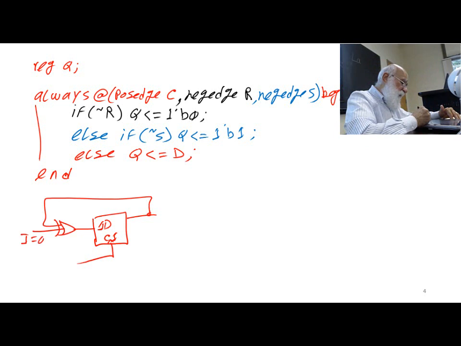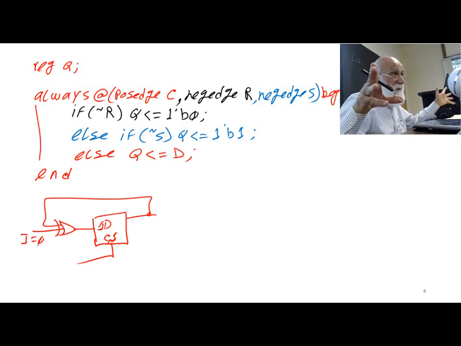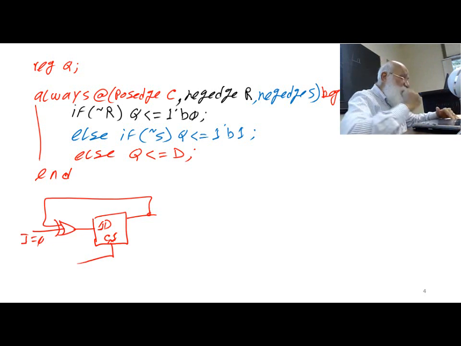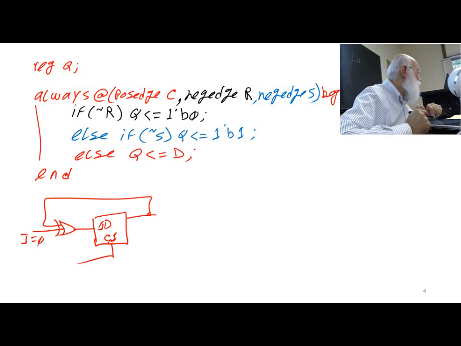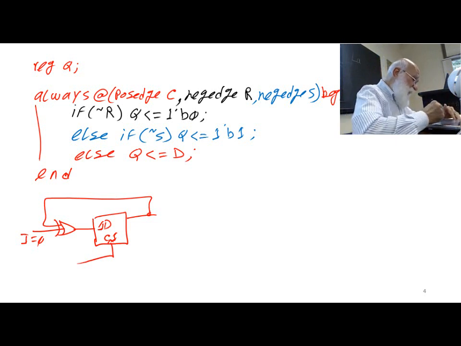If T is 0, then this just circulates the data back into itself, means nothing changes. If T is 1, then it complements it and puts it back into itself, and therefore this is a T flip-flop. Okay?